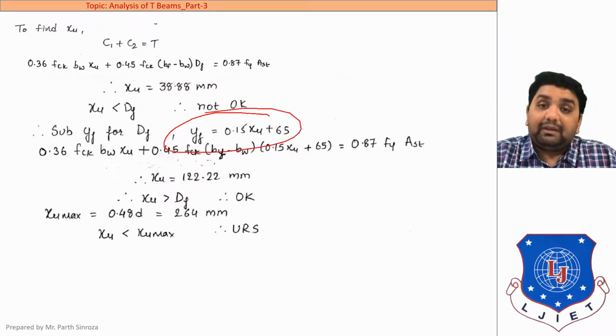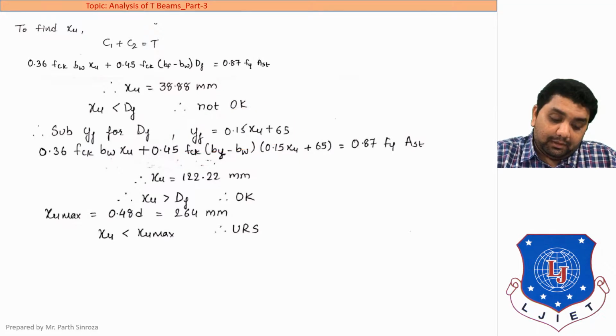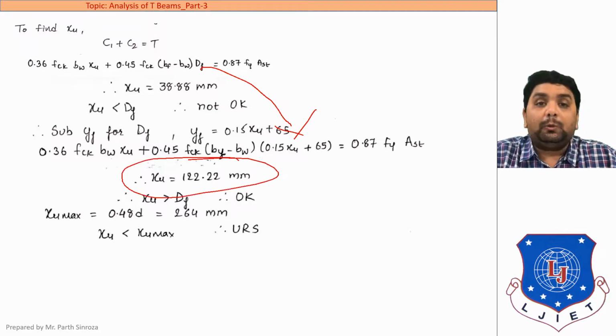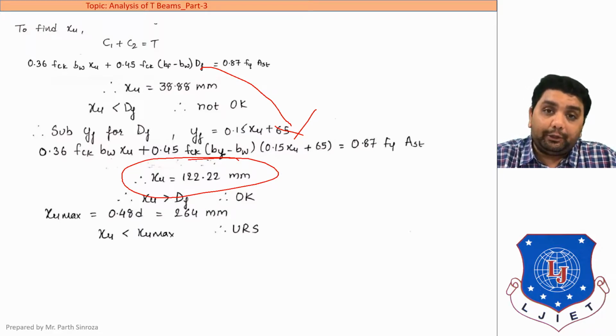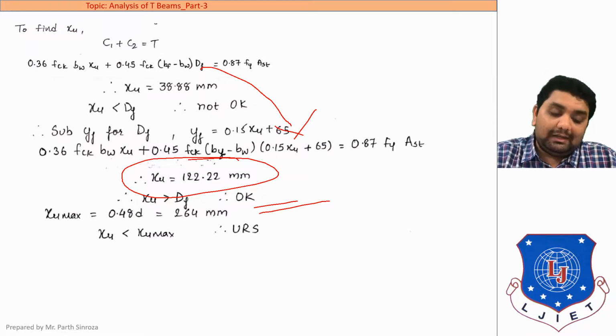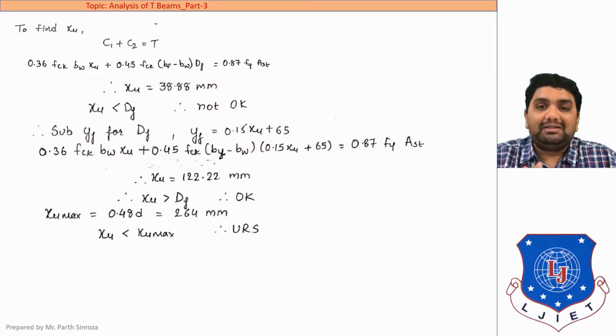YF will be 0.15 XU plus 65, and here DF will be substituted by this term, and we will be getting XU equal to 122.22. Now the new XU that we found is 122.22, and this XU is greater than DF. So our equation till now is being satisfied.